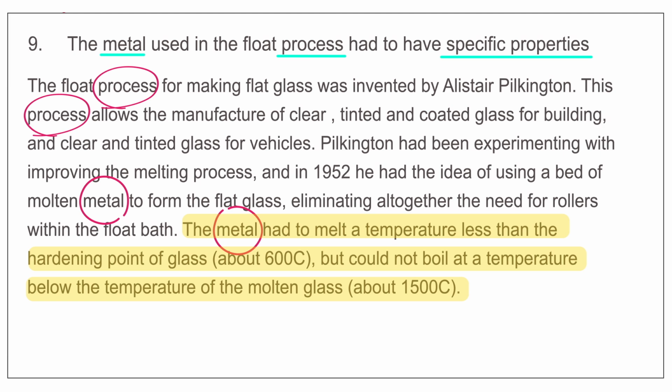We have to read this sentence again. The metal had to melt at a temperature less than the hardening point of glass, about 600 degrees, but could not boil at a temperature below the temperature of the molten glass. So the information that's included here shows that this process has specific properties or specific features that are not something very common among other glasses or other metals.